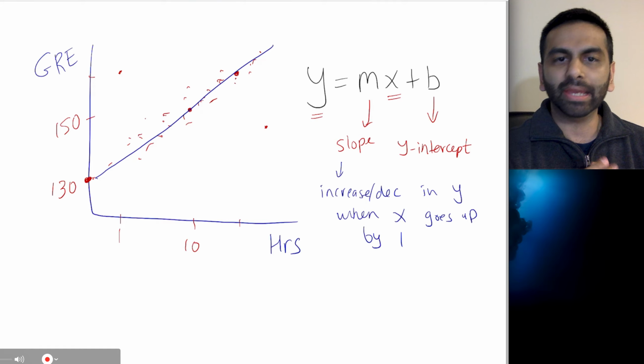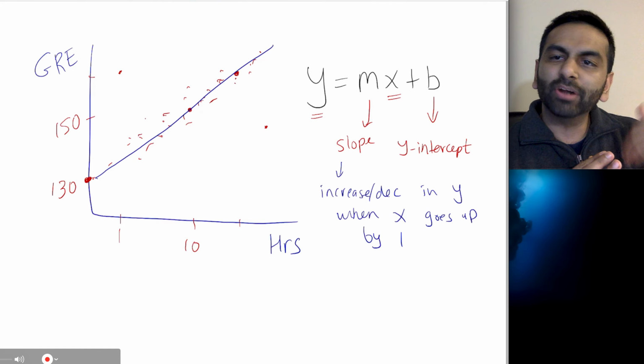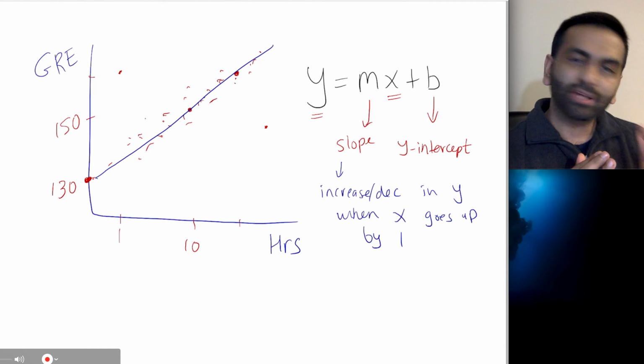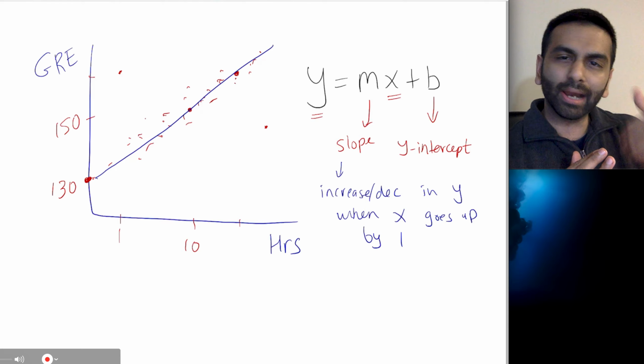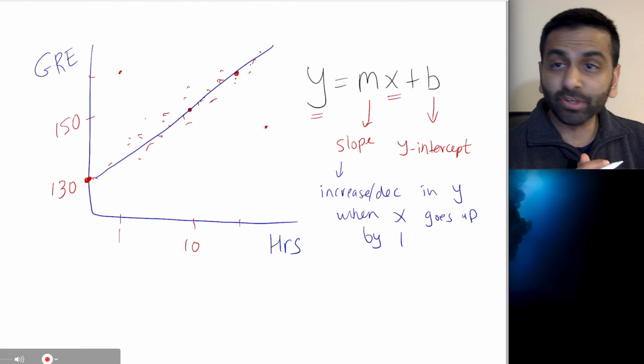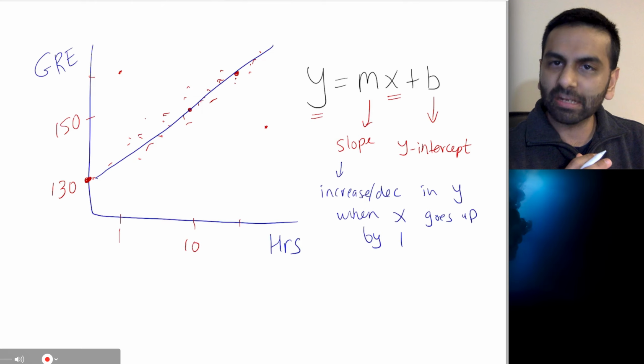Really what it's saying is, when you study for 1 more hour, how much does your GRE score, on average, change by? So notice if your score is going up the more you study, then your m, your slope, is going to be a positive number. And if it goes down, then it's going to be a negative number.